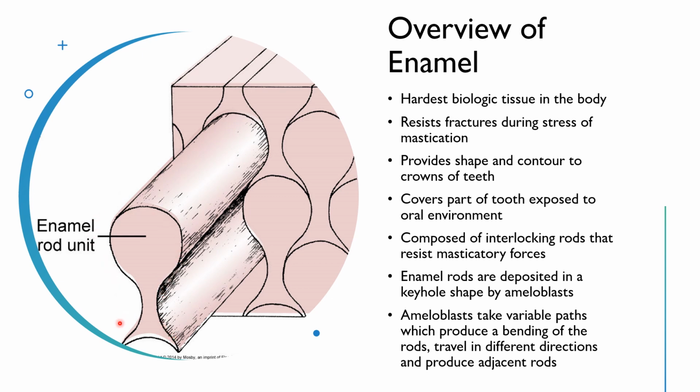And then these ameloblasts, remember those are the cells that are producing and depositing the enamel on the surface of developing teeth. So these ameloblasts are going to take different types of paths, and move around and bend in different ways and travel to different parts of the tooth to then make that actual shape of our teeth.